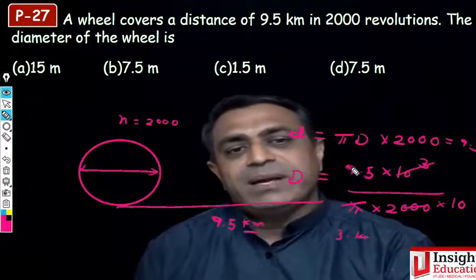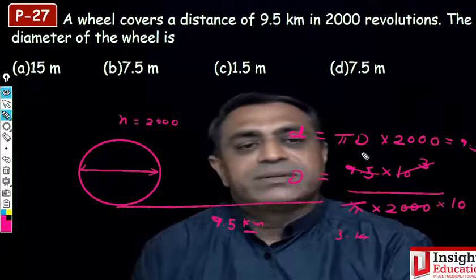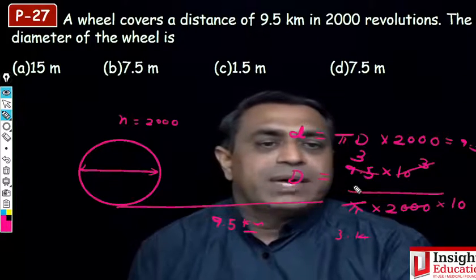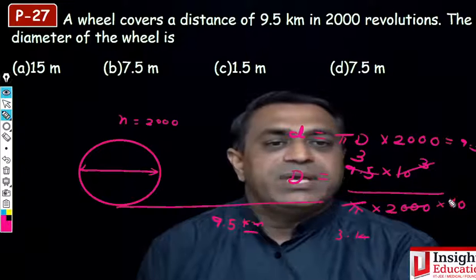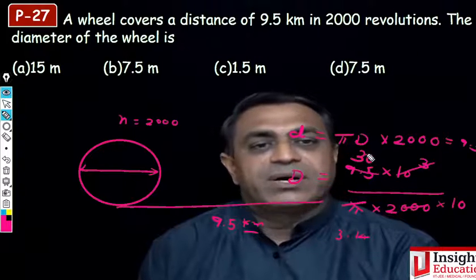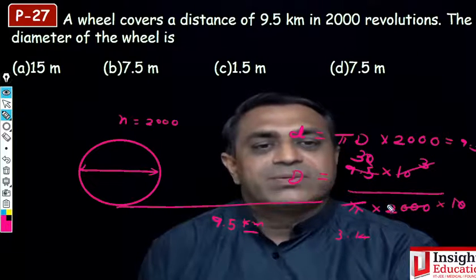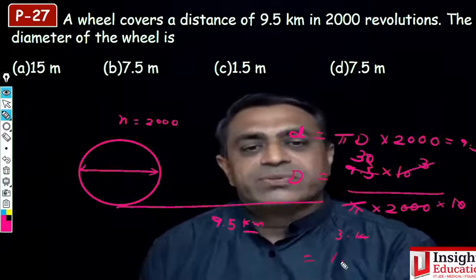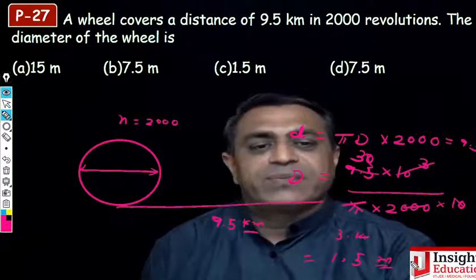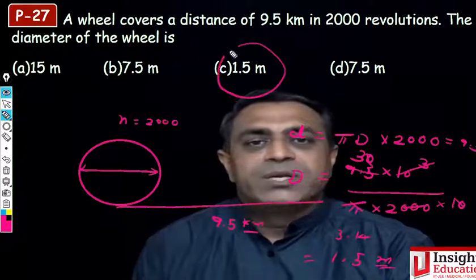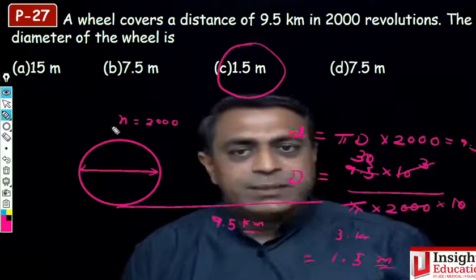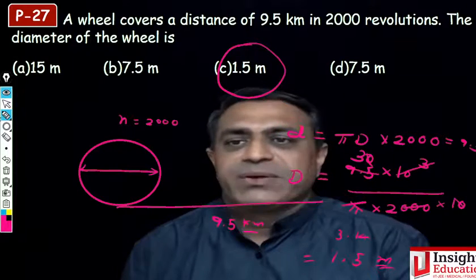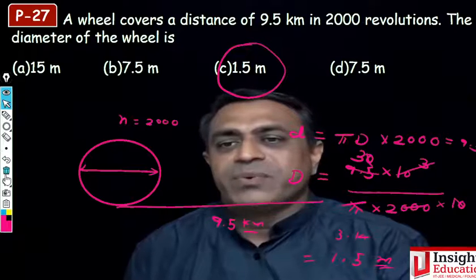So approximately here you will get 3, or initially you will get 30. So 10, 10 cancel. So directly you will get 3 by 2, so that is 1.5 meter. So diameter is equal to 1.5. So diameter of wheel is equal to 1.5.